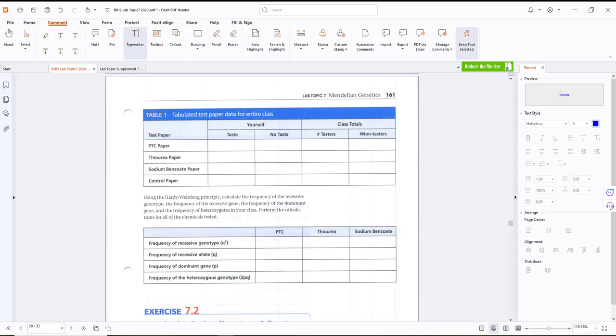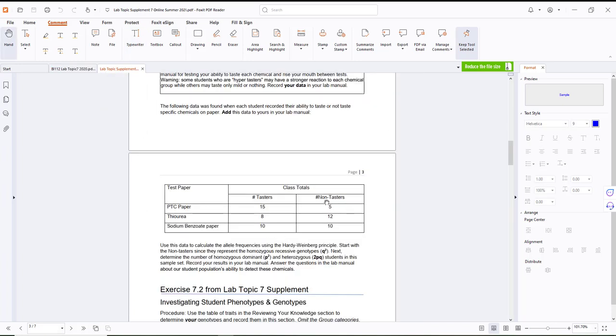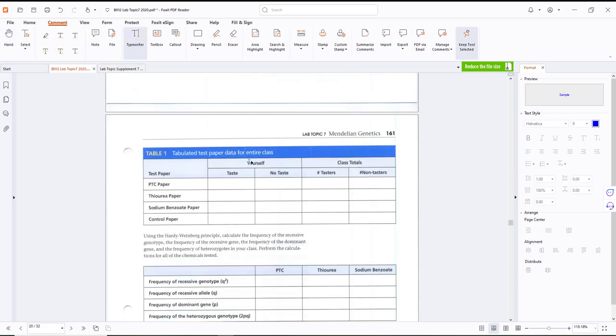So if we take a look at the number of non-tasters, there were 5 of you out of 20, so 5 non-tasters plus 15 tasters makes 20.